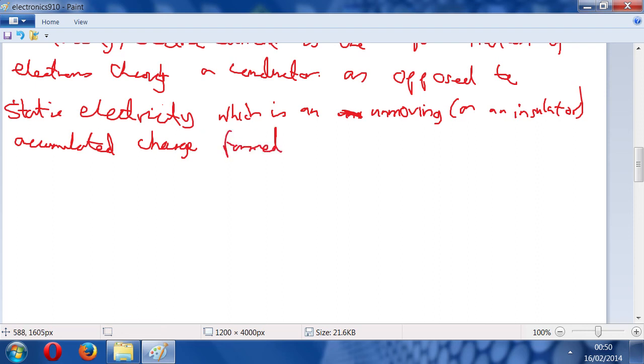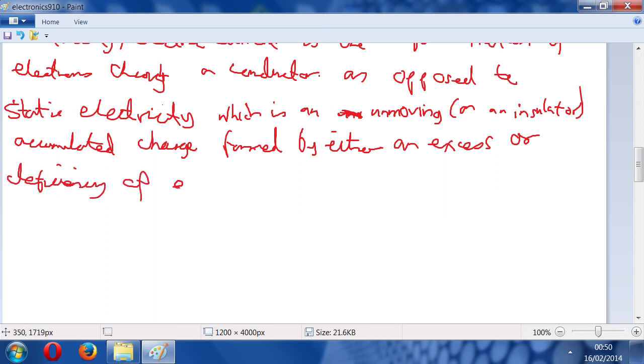Formed, and this is going way back now, by either an excess or deficiency of electrons in an object.